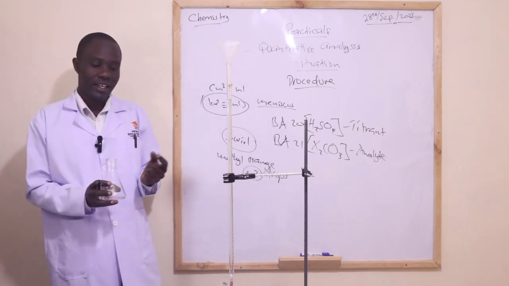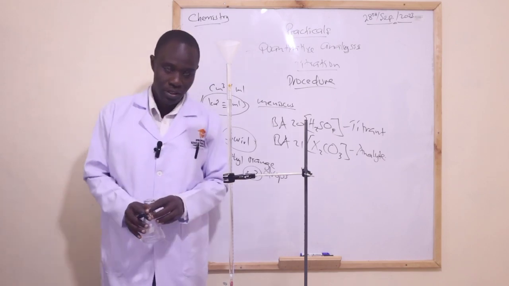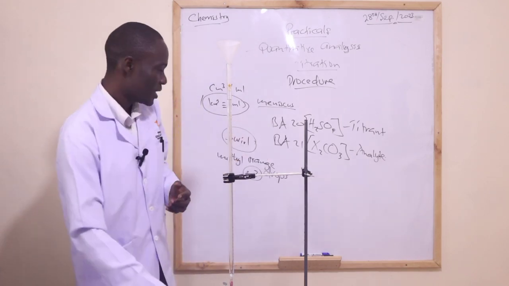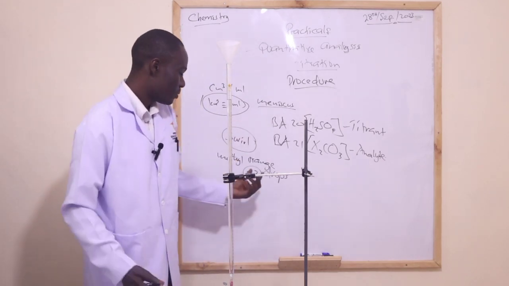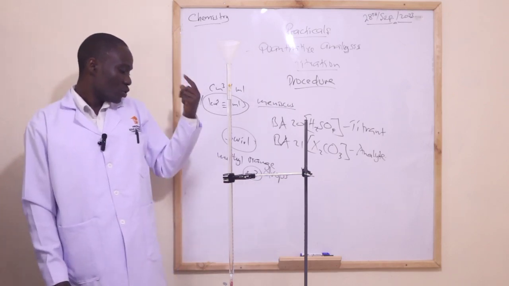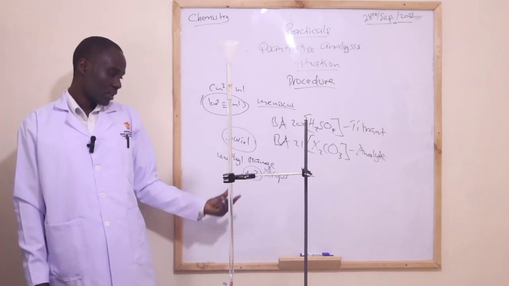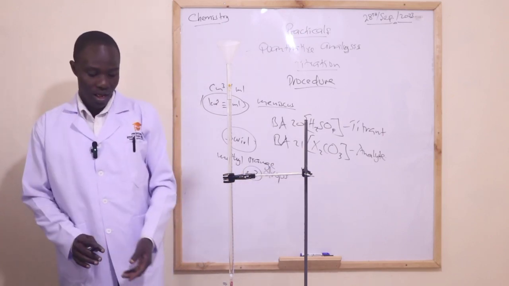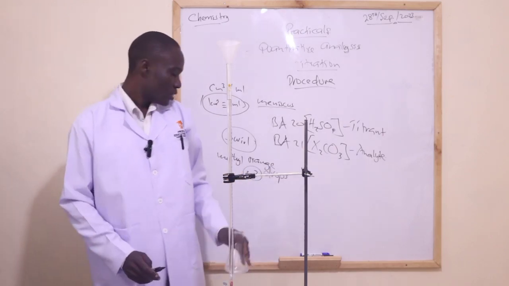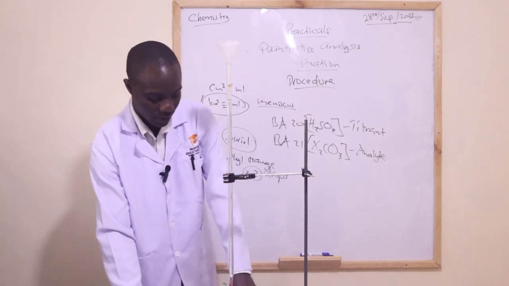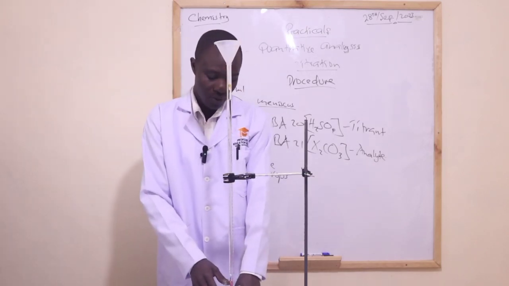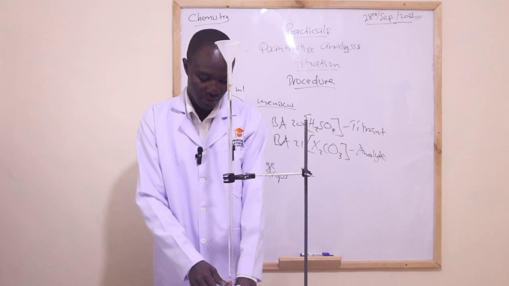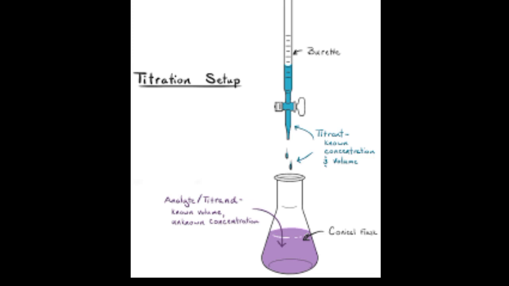So don't feel that your drop is too small and add others to make it a full drop. A drop is a drop, so you add either 2 or 3. That's what the range 2 to 3 drops means. After doing that, you swirl or shake as you let the contents in the burette into the conical flask, and so you do so.